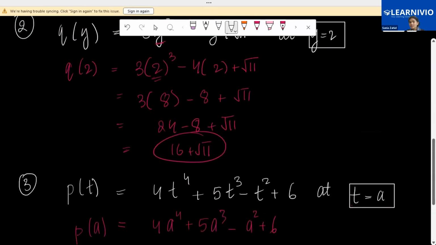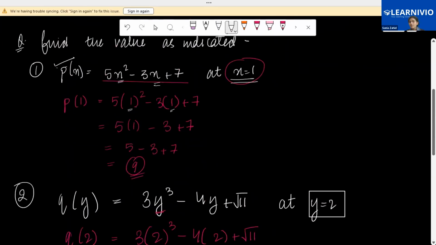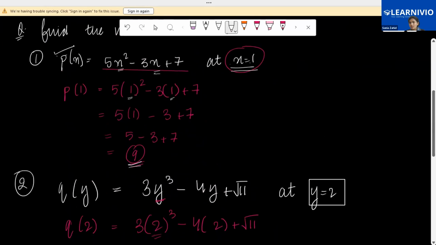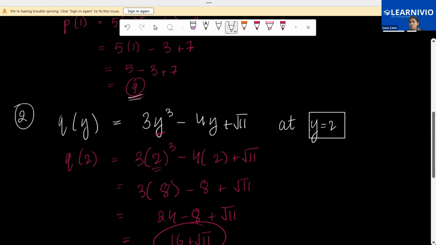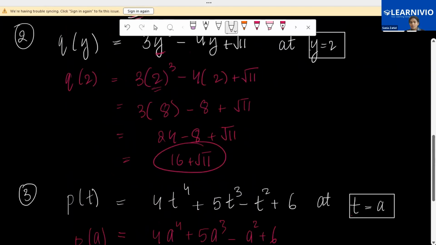Whenever I see here, if you look at these numbers, when I put x is equal to 1 in this entire polynomial, I got my answer as 9. Here, when I replaced y with 2, I got my answer as 16 plus root 11.